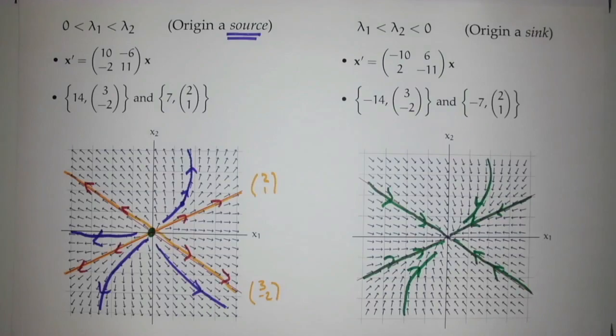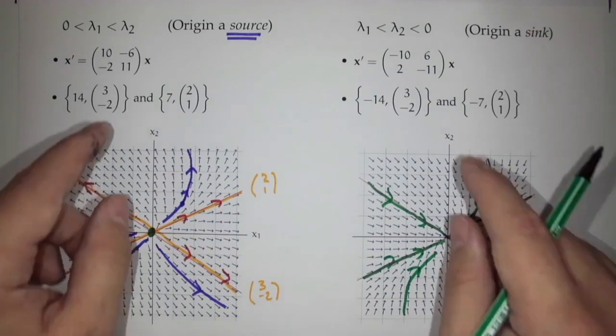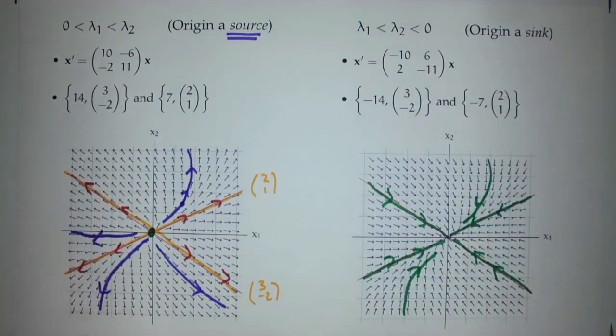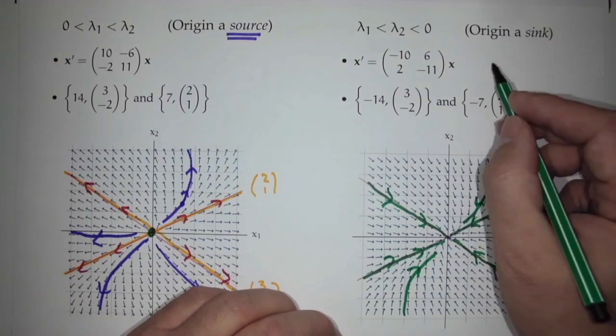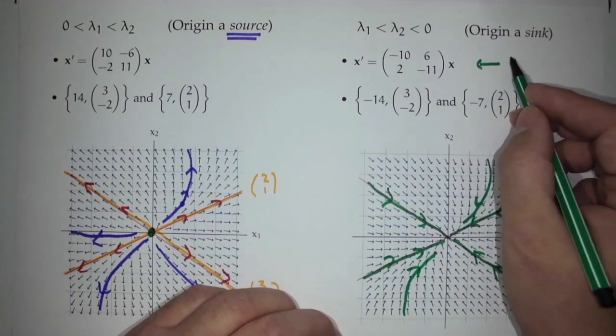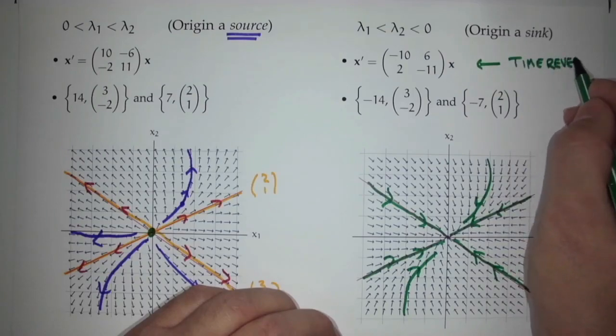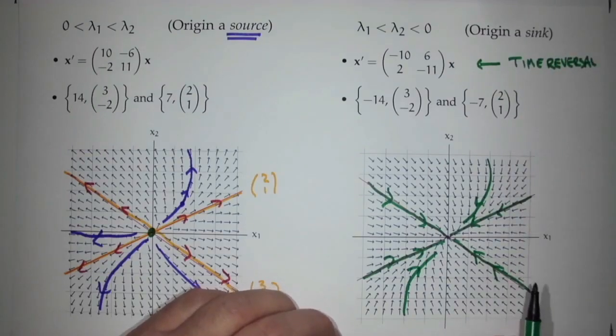You have them pointing in opposite directions. What have you done to the matrix? You've negated it. Put a minus sign in front of it. All right. Now, there's a fancy way you can describe this, and we can call this a time reversal. In other words, make time go in the opposite direction.